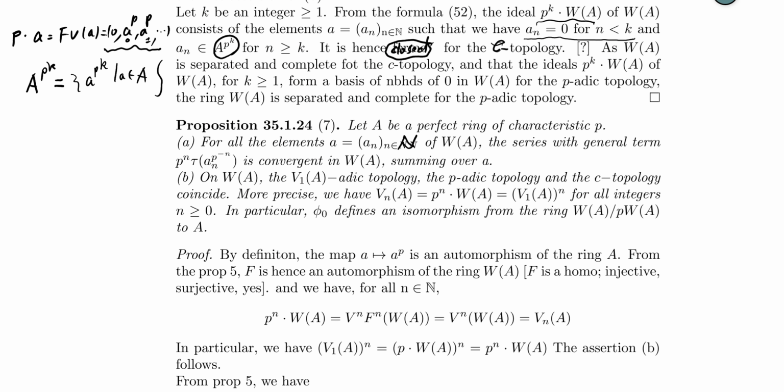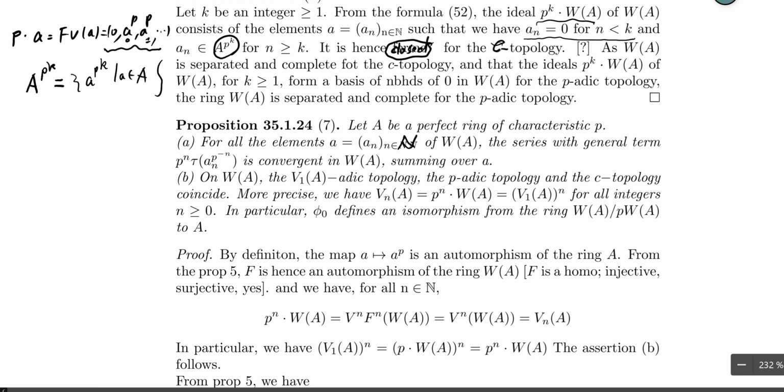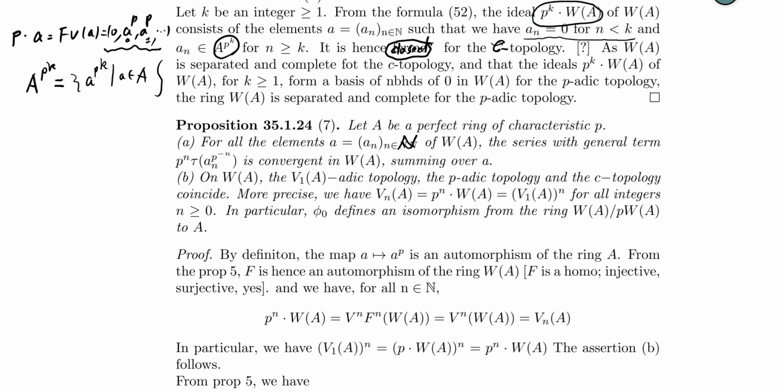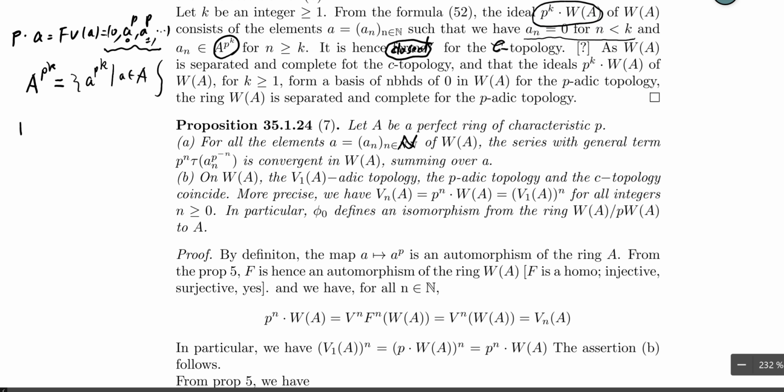So back to our situation, we want to check whether this subgroup is closed in the C topology. Can you see, is it closed in the C topology? Well, we can try to prove this. For example, if you can prove that P is equal to the intersection of closed sets, is closed for arbitrary.